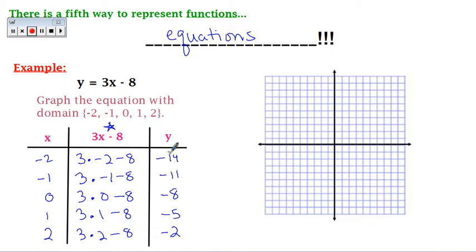Okay, so take a minute, use your calculator, check my math, and then we're going to move to taking one of the x values, -2, with its matching y value, -14, and we're going to graph those 2 coordinates as an ordered pair for this equation.